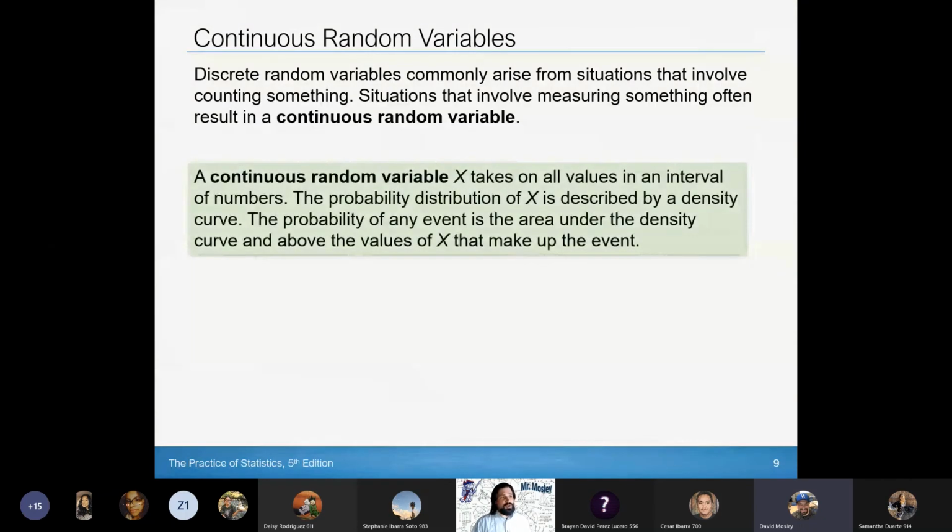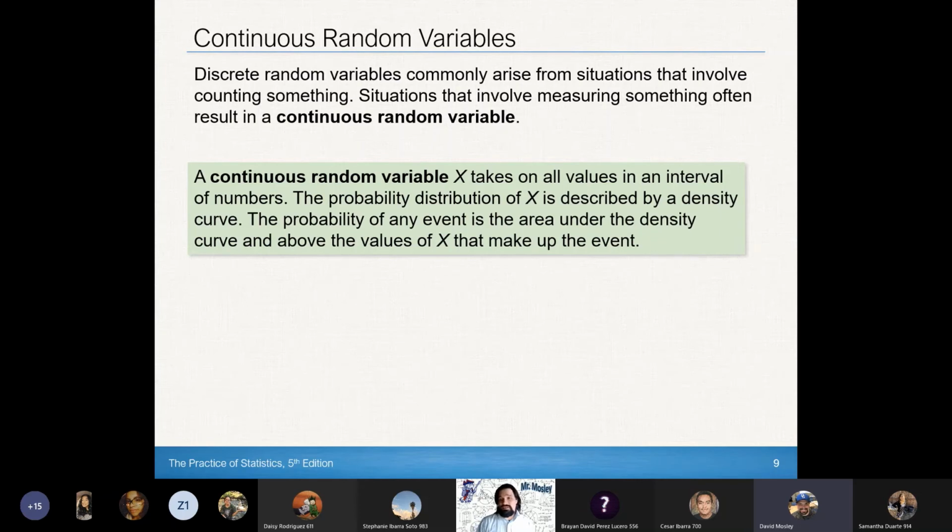A continuous random variable x takes on all values in an interval of numbers. The probability distribution of x is described by a density curve. The probability of any event is the area under the density curve and above the values of x that make up the event.